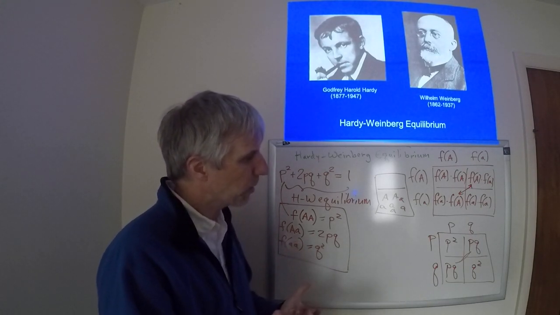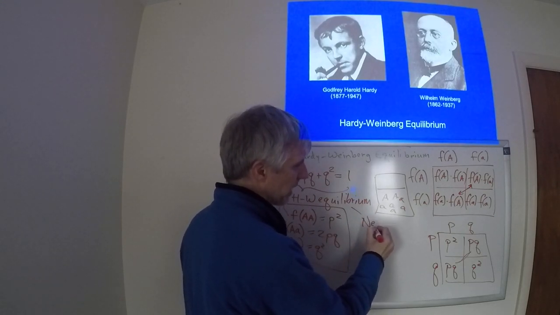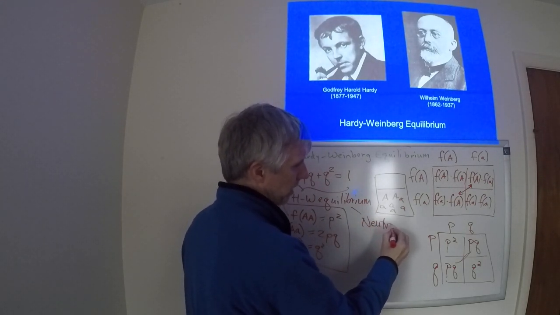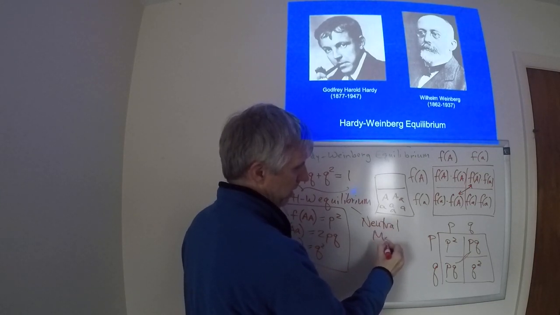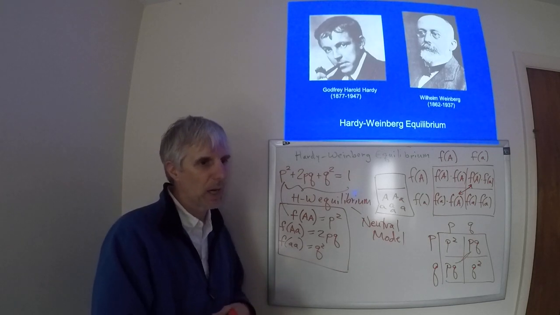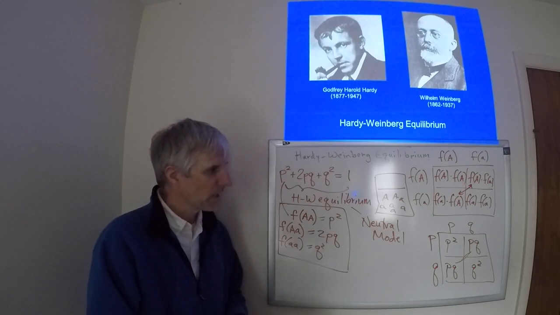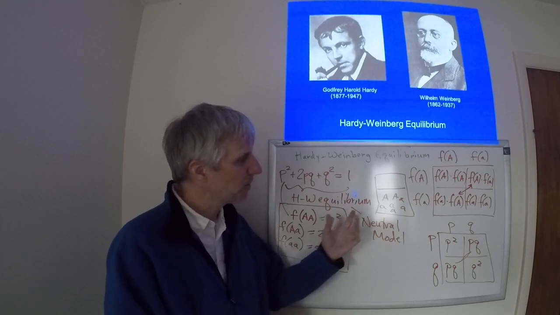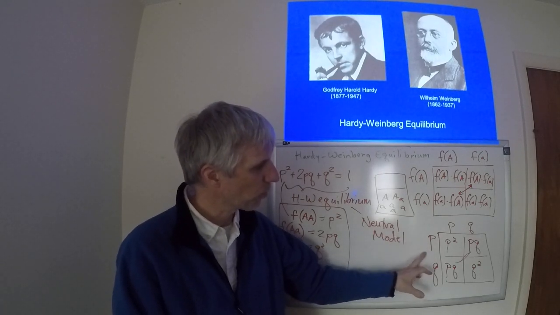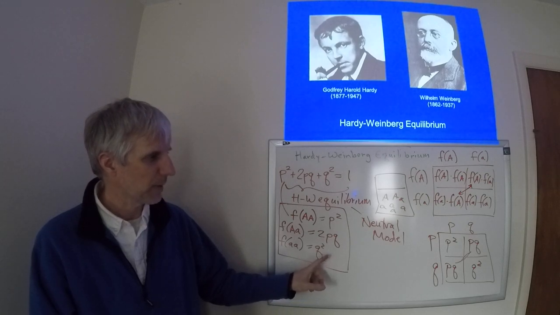Because really what Hardy and Weinberg have set up with this Hardy-Weinberg equilibrium is what's called a neutral model. Neutral models are models that predict values if there's no change. Okay? If we do certain things in a certain way with this bucket of alleles, these are what we predict.